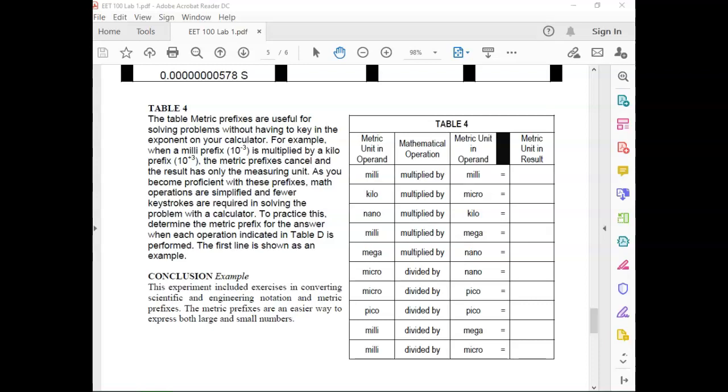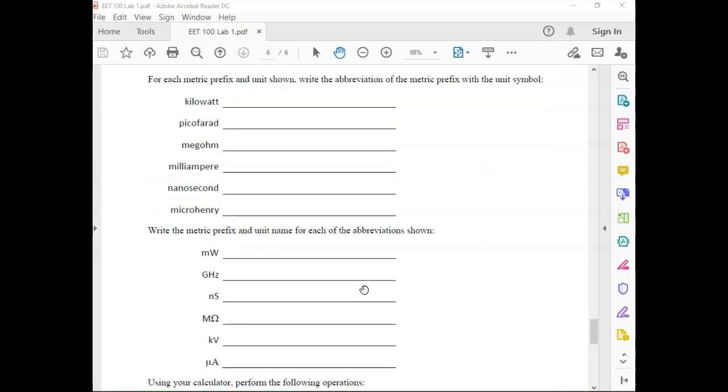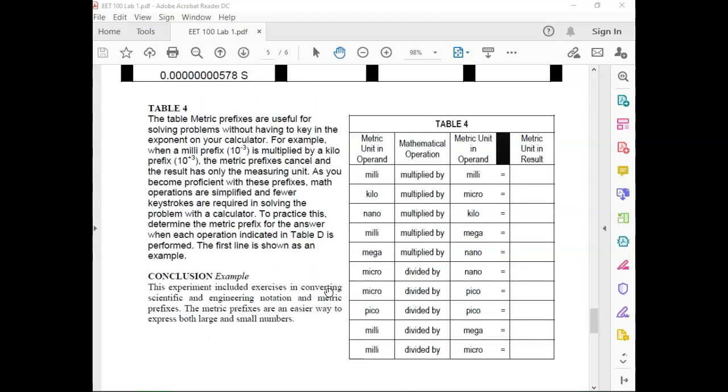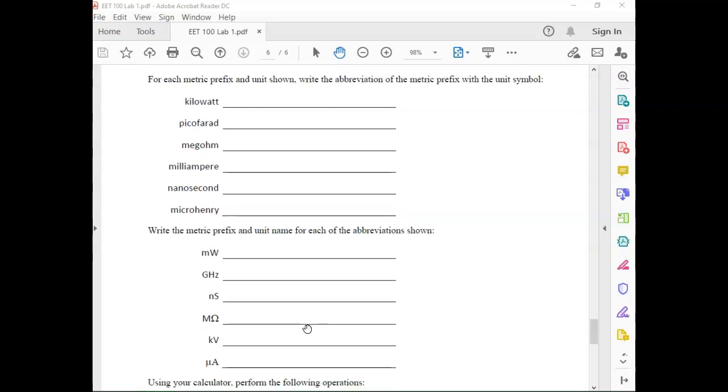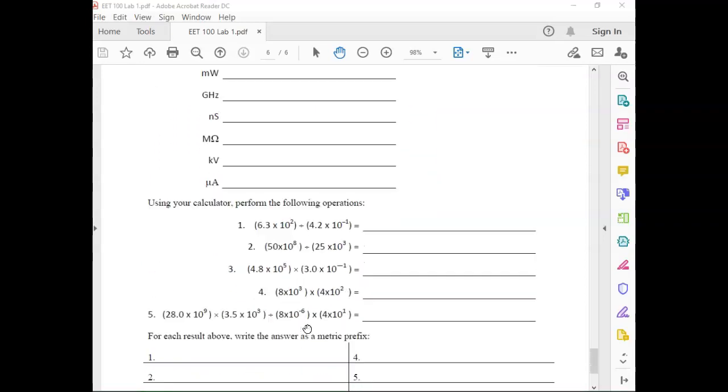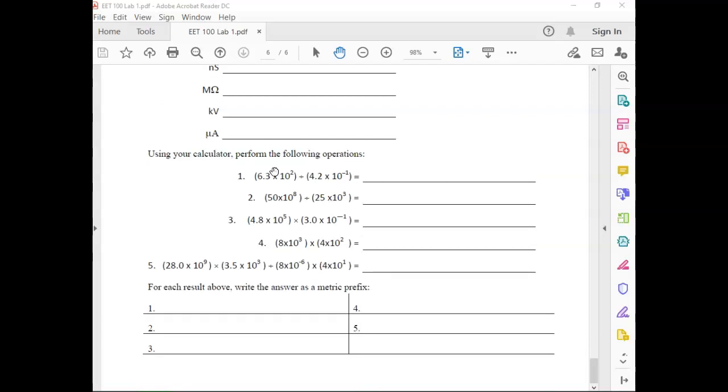You should get a positive 3 or kilo. Okay. All right, so let's take a short break, and when we come back, we'll look at these and how to solve them.